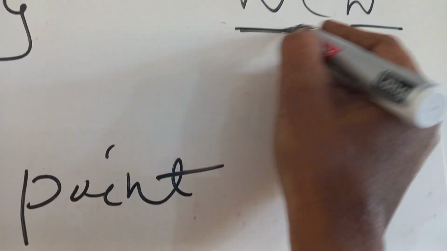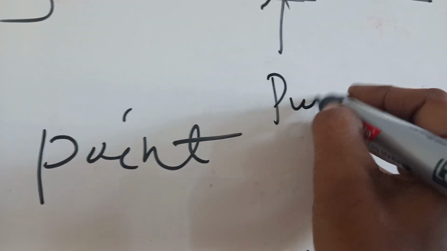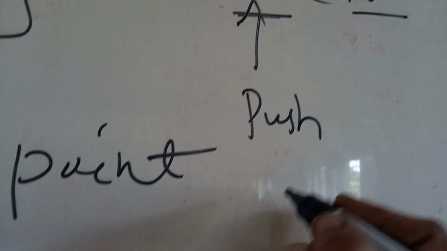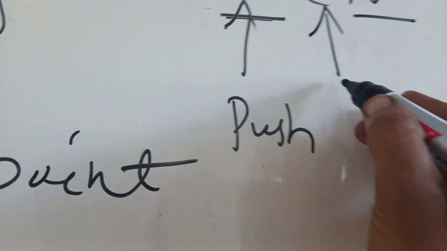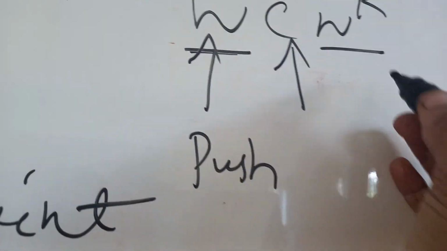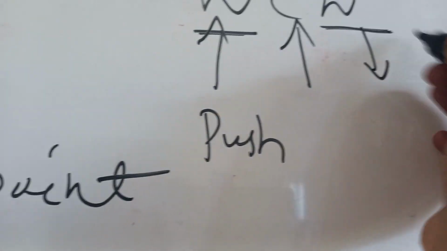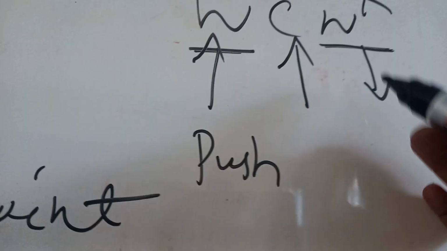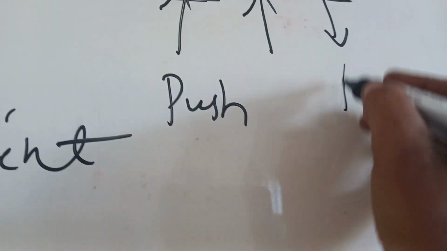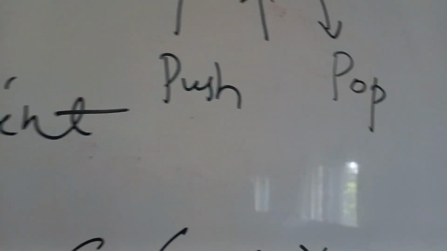For all of W we are going to perform the push operation until we get the middle point C. After the middle point C, we are going to perform the reverse of W, that means the palindrome of the string, and for that purpose we will perform the pop operation.